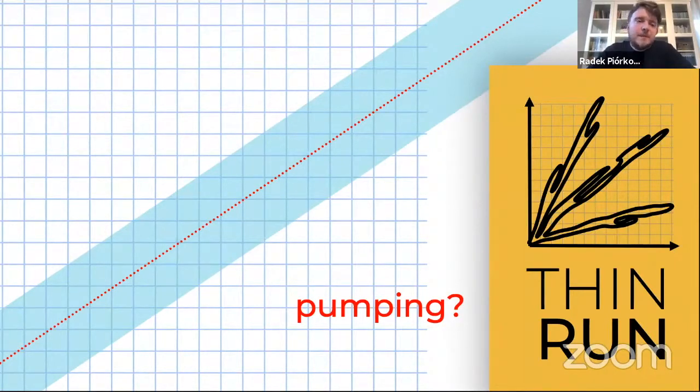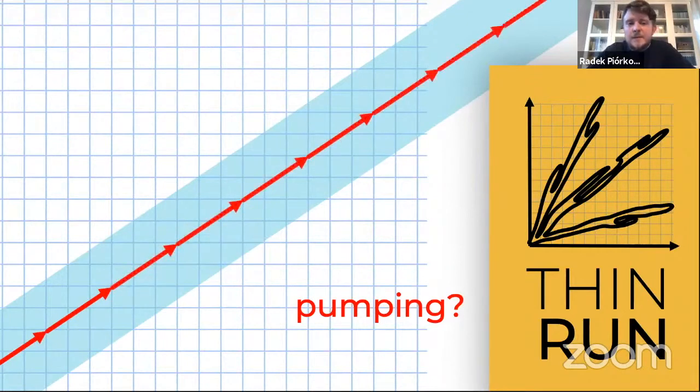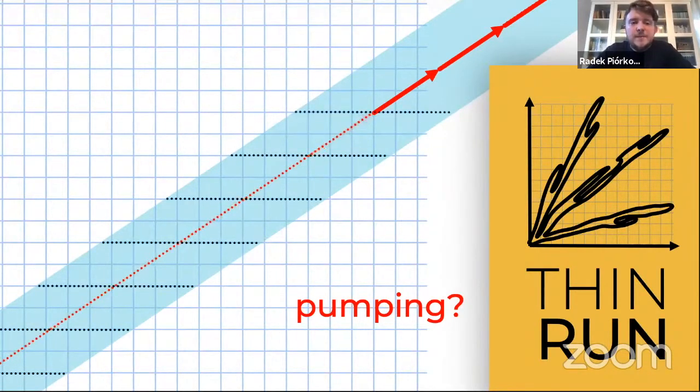As you remember, the red dotted line is just produced by repeating the red vector many times. So using this fact, we may divide this blue area into a number of parallelograms like this.